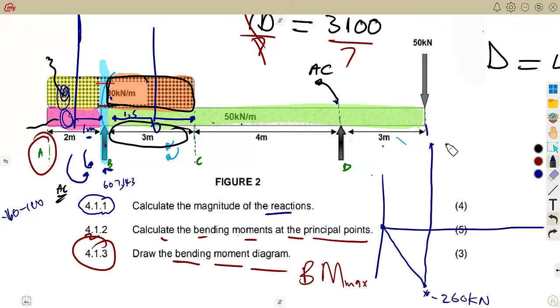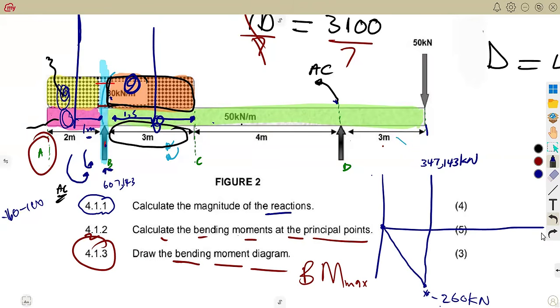I just want you to see the basic view of how it was going to be like. You just figure out in your head, okay, I have got a value there, and this value, 607, we combine with minus 260. It was going to be 347,143, something like that, kilonewton. Distributed again, this one and this one combined together.